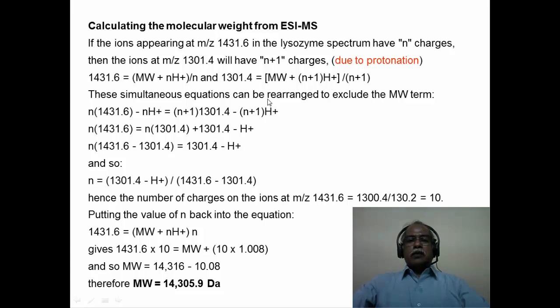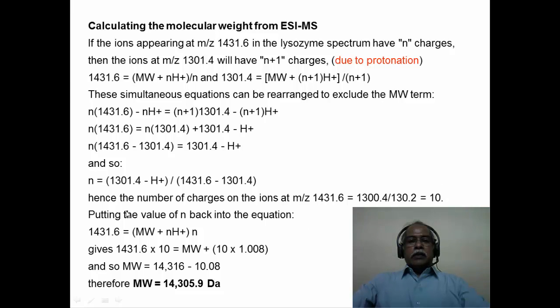If we solve these two simultaneous equations and rearrange in terms of the molecular weight, excluding the molecular weight, because the molecular weight will be the same in both cases, that expression reduces to this particular one, and if you solve this expression for n, then n would correspond to essentially 10. You go through this numerical analysis of this particular system. So, the number of charges on the ion at m by z of 1431 will be roughly 10.